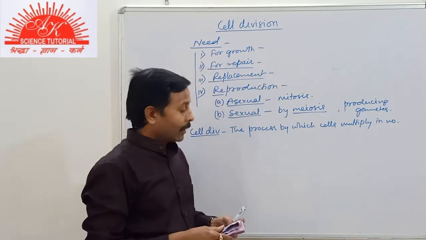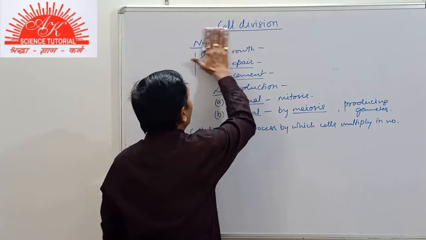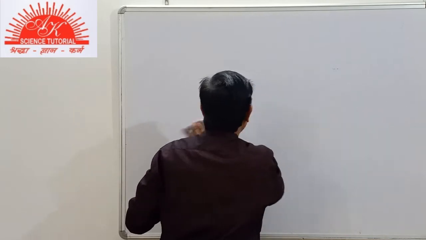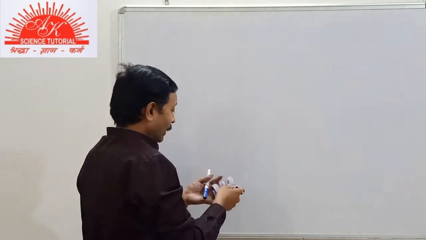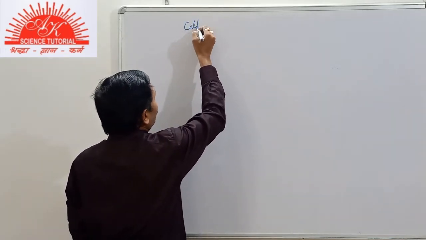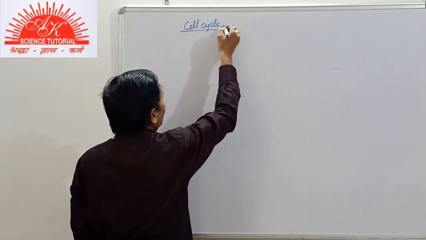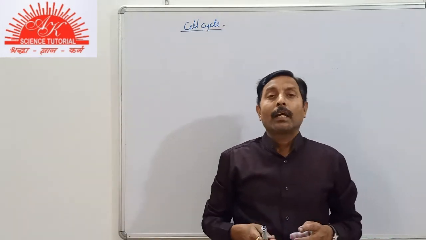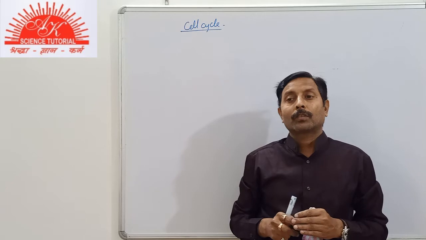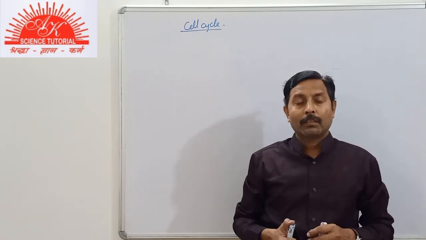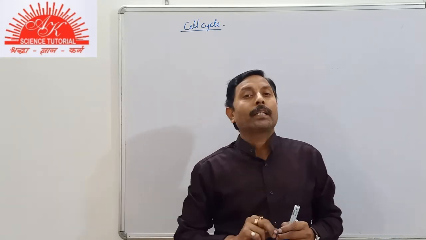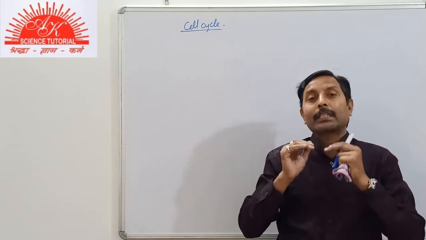Now students, in this part again we have to study about the cell cycle. As the name suggests, it is a cyclic event, meaning a cell divides, grows and redivides. Because when cell division takes place, the daughter cell is smaller in size. It is immature.